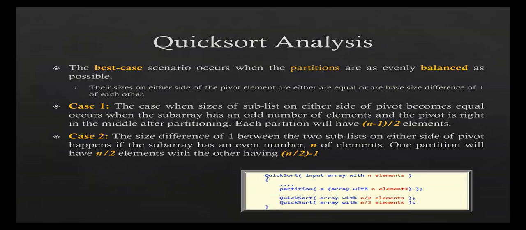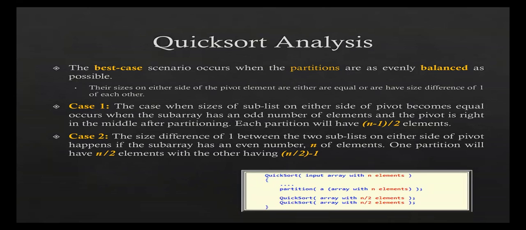The latter case occurs if the subarray has an even number n of elements and one partition has n/2 elements with the other having n/2 minus 1.